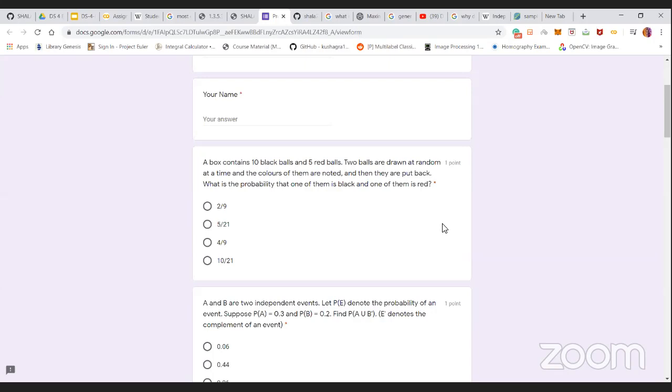What is the probability that one is black and one is red? Yes, I think so too. Let me think about it more carefully. So 15 balls, right?